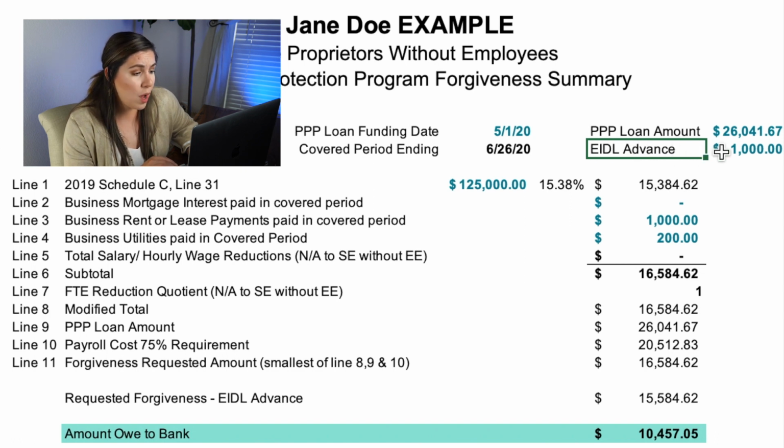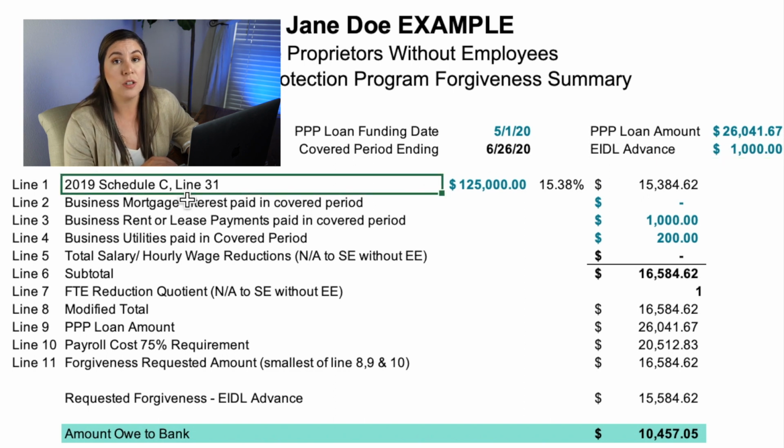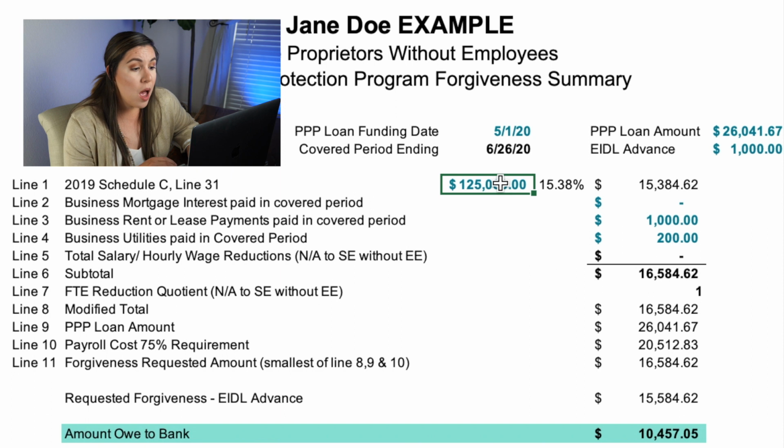So line 1 of this application for independent contractors, self-employed individuals, is going to be from your 2019 tax return. It's going to be on the Schedule C, line 31. So for purposes of this example, our owner, Jane Doe, made $125,000.